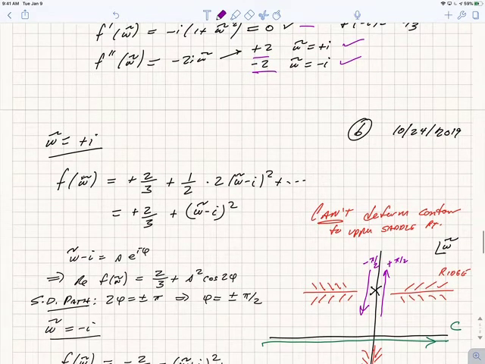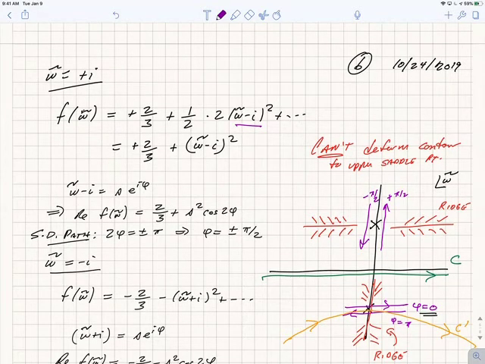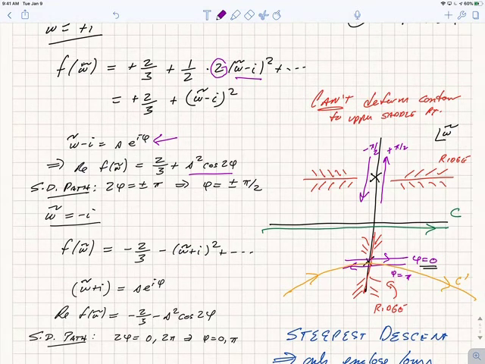If we now consider the expansion around plus i, f of omega tilde is the value at plus i plus 1/2 the second derivative times omega tilde minus i, squared. If we think about going through the saddle in the phi direction, the real part of f is just 2/3 plus s squared cosine 2 phi, because the second derivative is real, so theta is equal to 0 in this case. So the steepest descent path has 2 phi equals plus or minus pi, or phi equals plus or minus pi over 2.